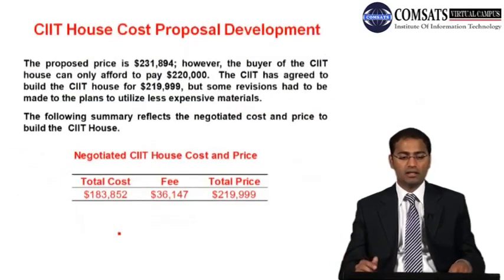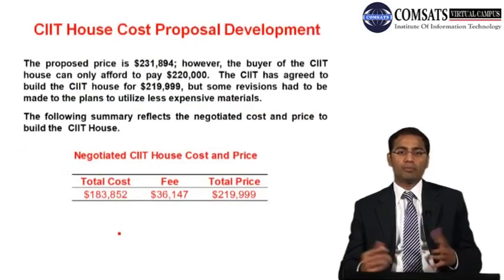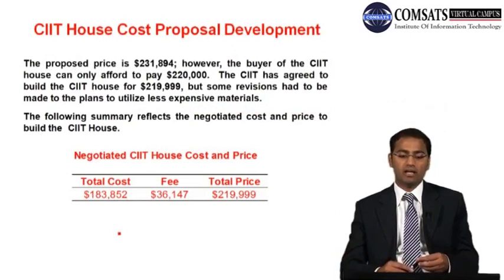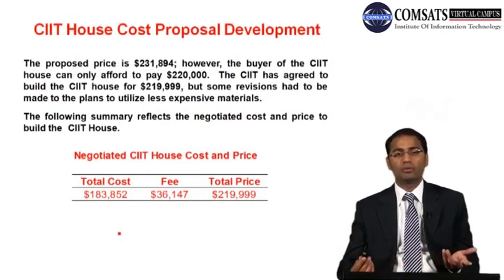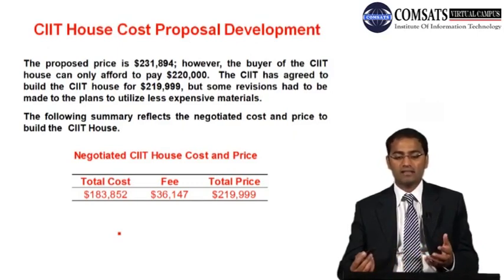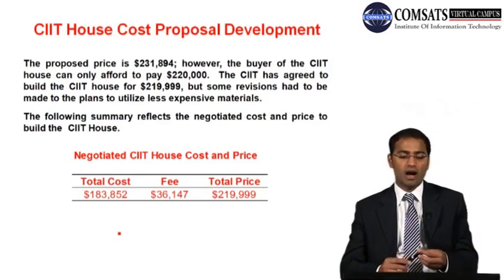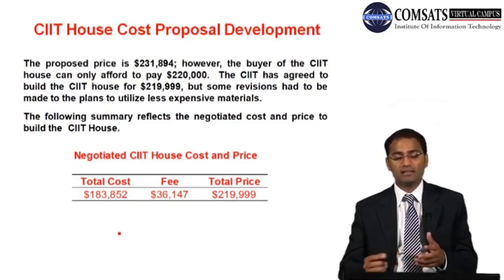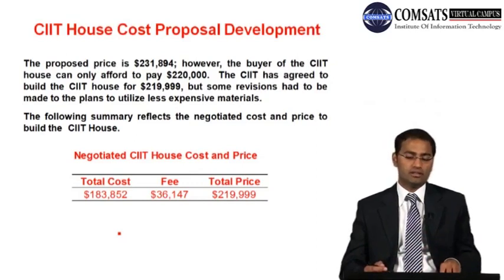After going through that, now the proposed price is 231,894 US dollars. However, the buyer of the CIIT house can only afford to pay 220,000. The CIIT has agreed to build the CIIT house for 219,999, but some revisions had to be made to the plans to utilize less expensive materials.